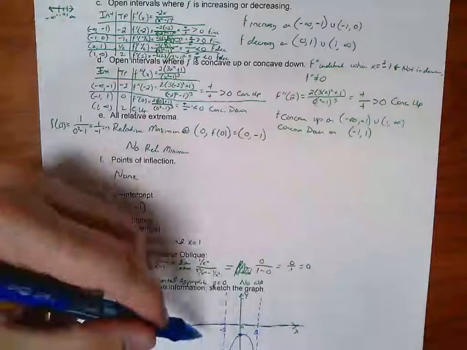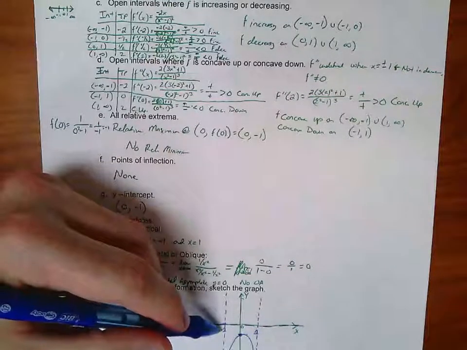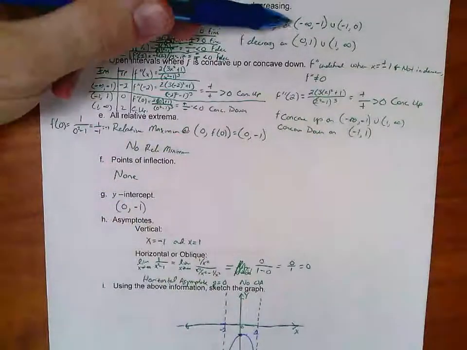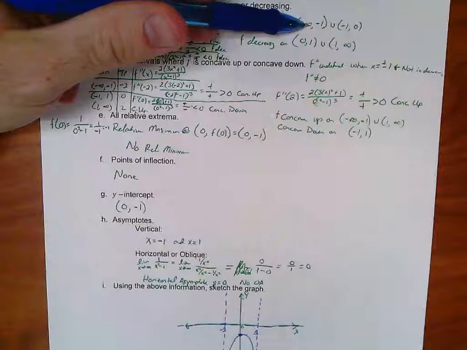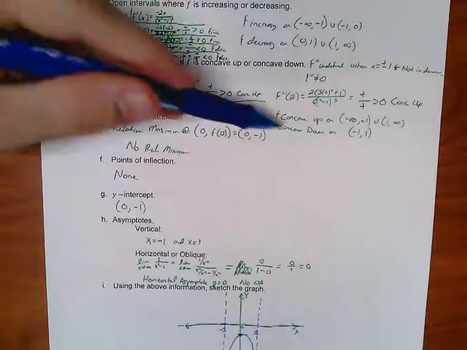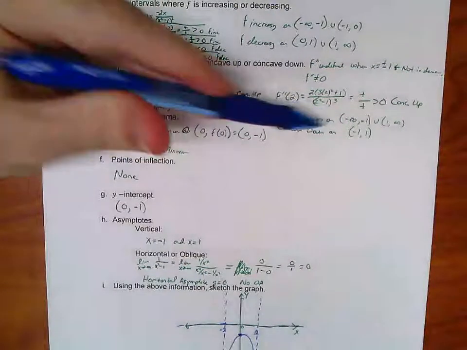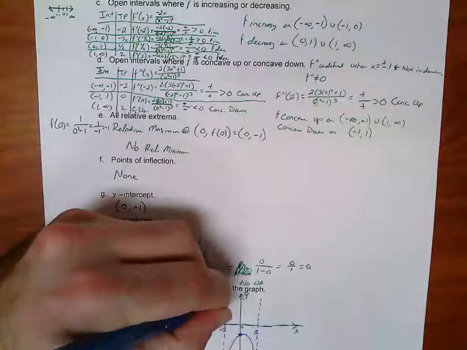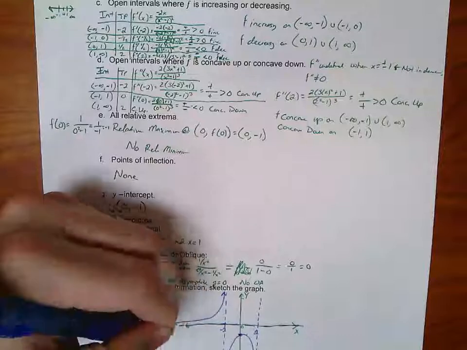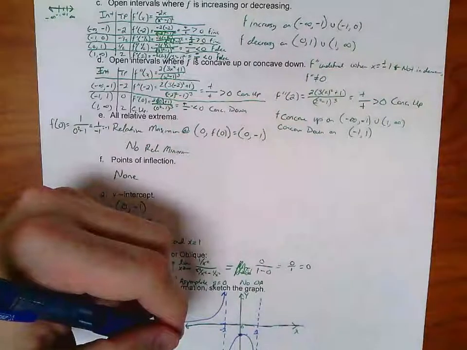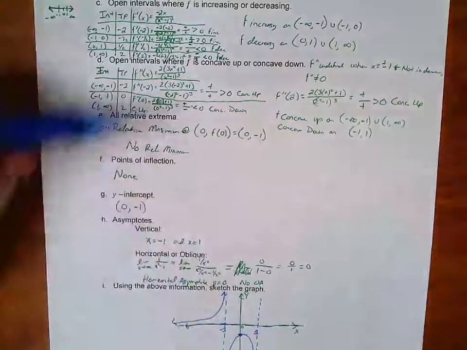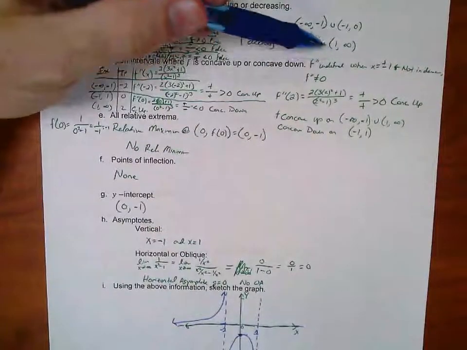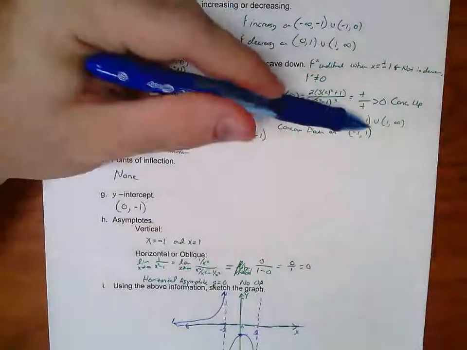Really, at this point, it's just taking those puzzle pieces that I gave you and putting them together. And then on negative infinity to negative 1, what do we know is going on? We look, it's increasing and it's concave up. So increasing concave up has to look like that. And then for 1 to infinity, we look, it's decreasing, and it's concave up.